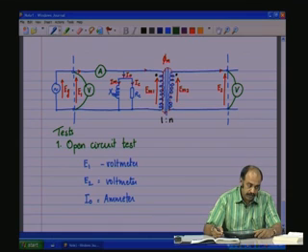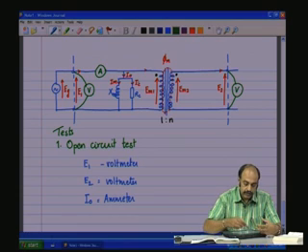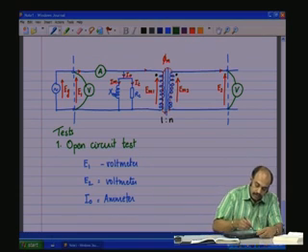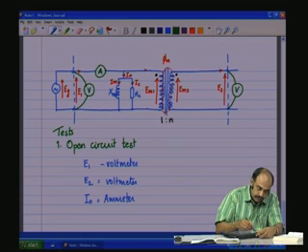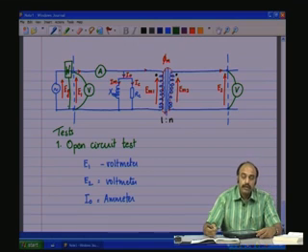We could measure the active power that is taken from the source by connecting a wattmeter at the primary side.